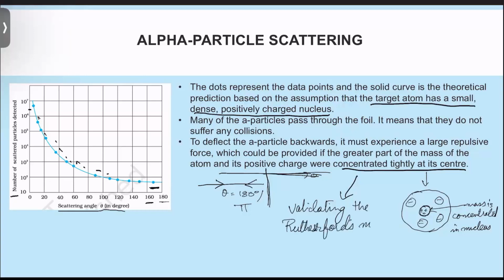Rutherford model. So this is what the experiment done by Geiger and Marsden actually proved, the principle of Rutherford's nuclear model. That is why we can say that Rutherford's nuclear model is valid with respect to this experiment.